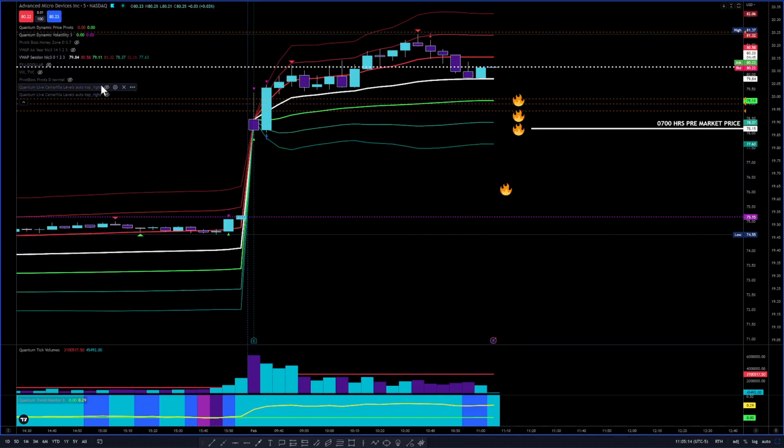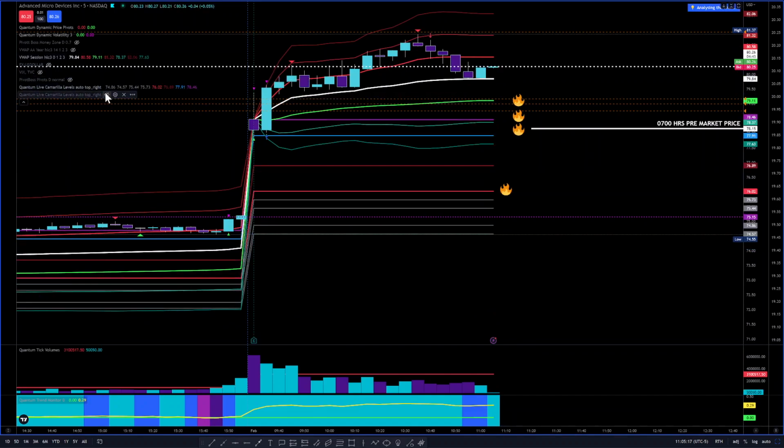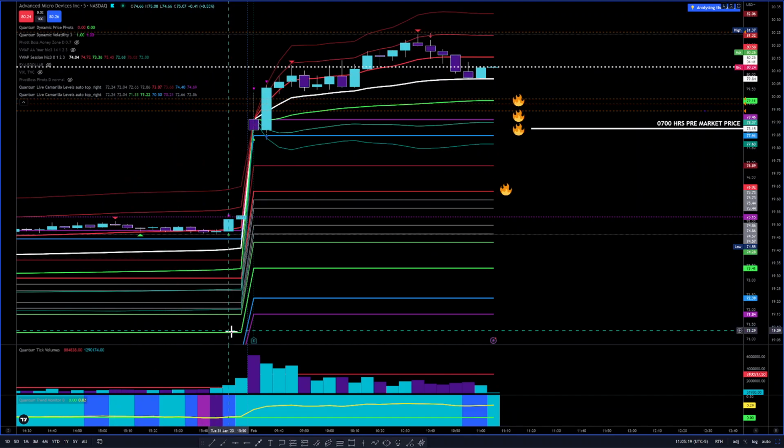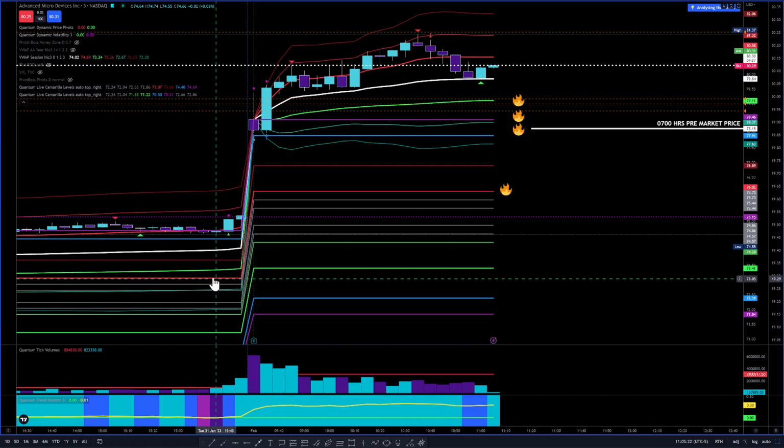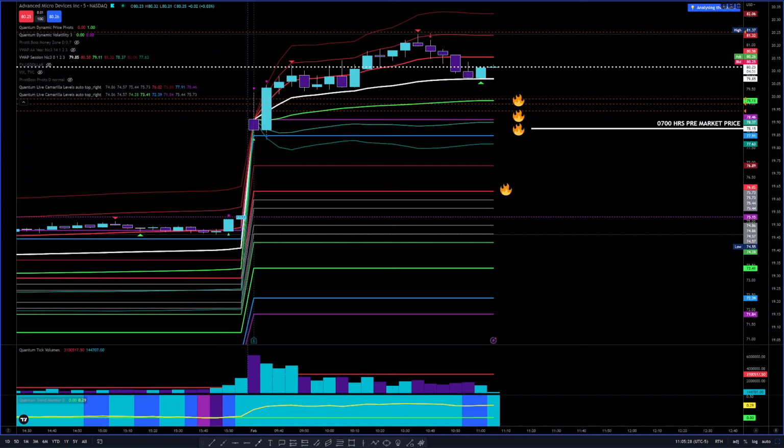Let's see the Camarilla setup. The Camarilla levels, same thing. This was R3 yesterday at approximately 73.05. Let me pull out the arrow so you can see that. That's R3 yesterday, and that's S3 yesterday.